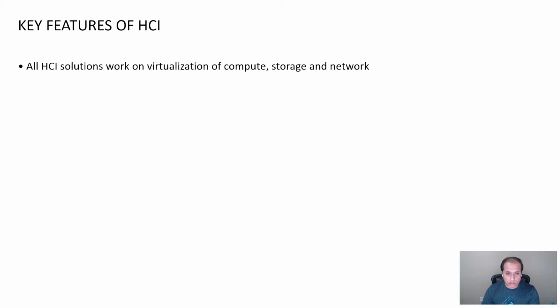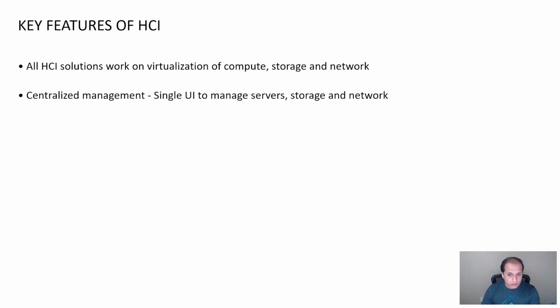I'll go through the differences and how these things work together. There's always centralized management, a single UI where you can manage all of them: the servers, the storage, the networking, and also the security aspect of all these things.